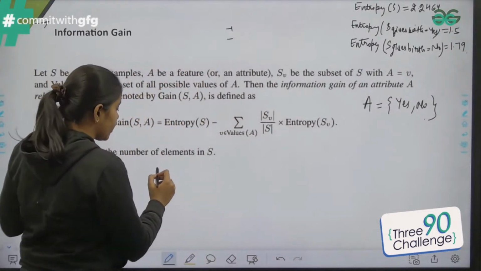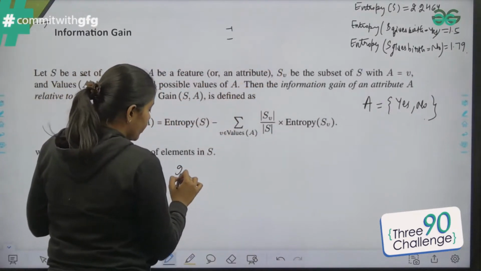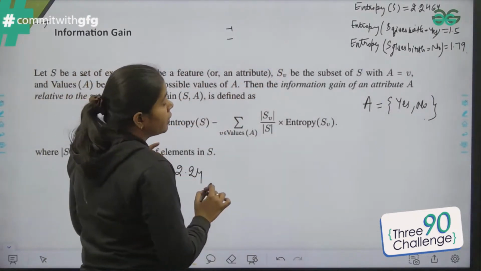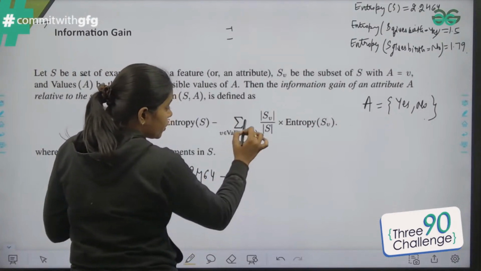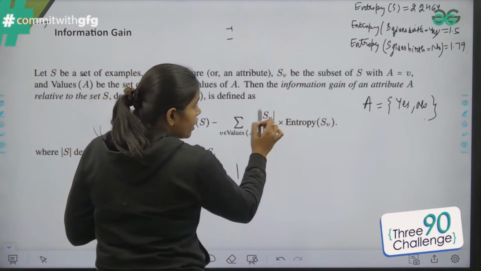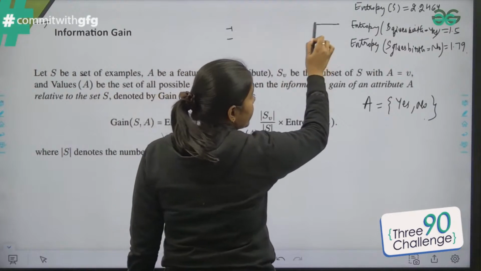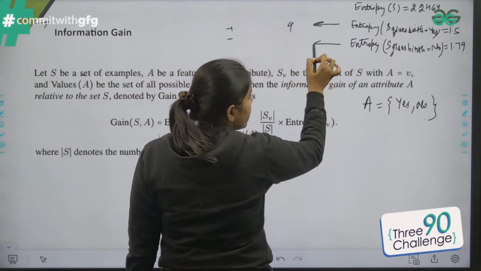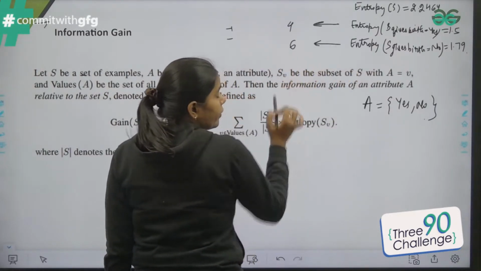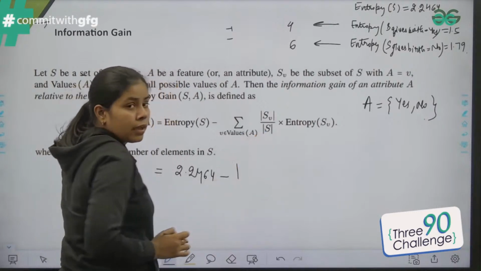So that means the total entropy of S was 2.2464 minus the summation of modulus of SV over S. You can see that for gives birth yes we have four values, and for gives birth no we have six values, and in total we have 10 values.